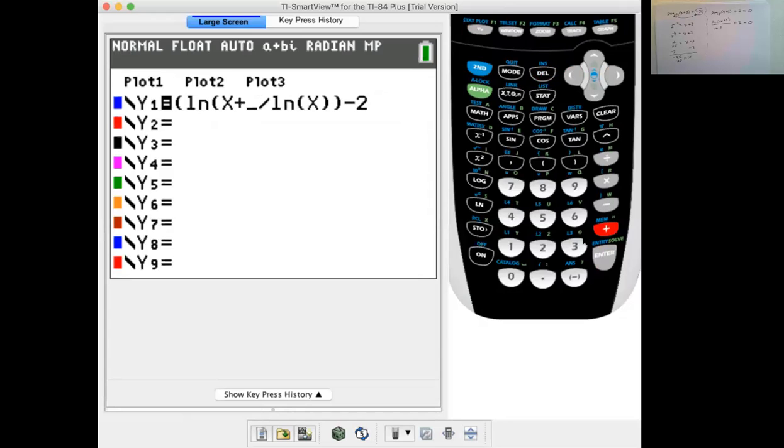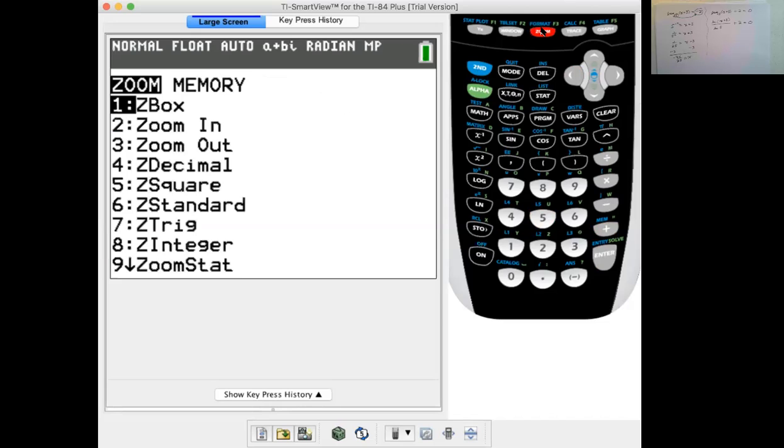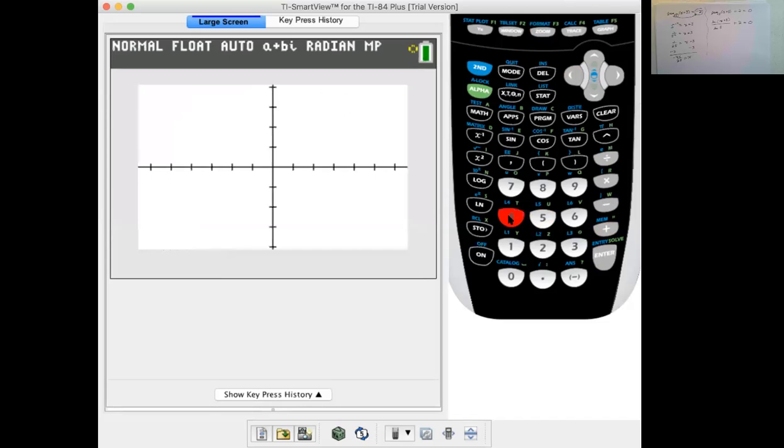X plus 3 over natural log 5. Oops. And then it's supposed to be plus 2 instead of -2. And I want to see when that's 0, and I think it's around -3, so zoom decimal's pretty good. That's 4. And we need to adjust the y.